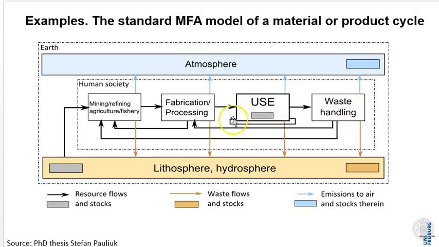And you have reuse flows, you have remanufacturing flows and recycling flows that then make an anthropogenic cycle of materials. And of course, this material cycle is not seen in isolation, but it is linked to the natural environment in form of the lithosphere and the hydrosphere, and also the atmosphere via the emissions from the different processes.